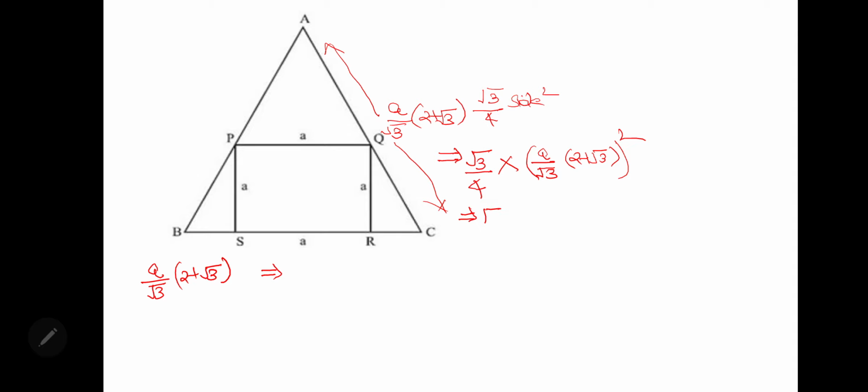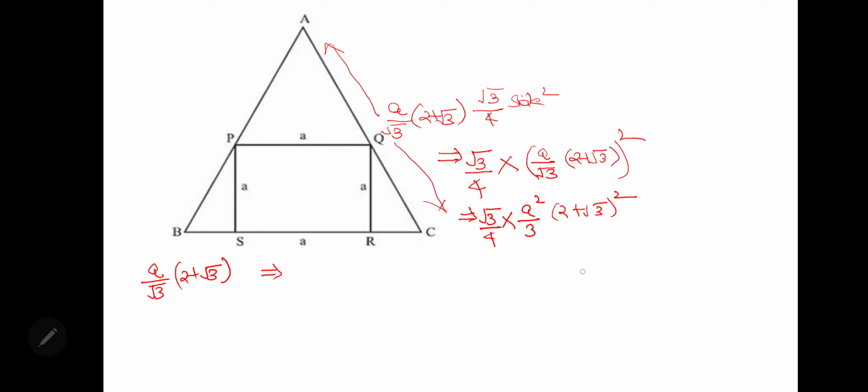Just simply expanding the formula: a square upon root 3 square, which is 3, times (2 plus root 3) whole square, correct? Okay, now what can I do?